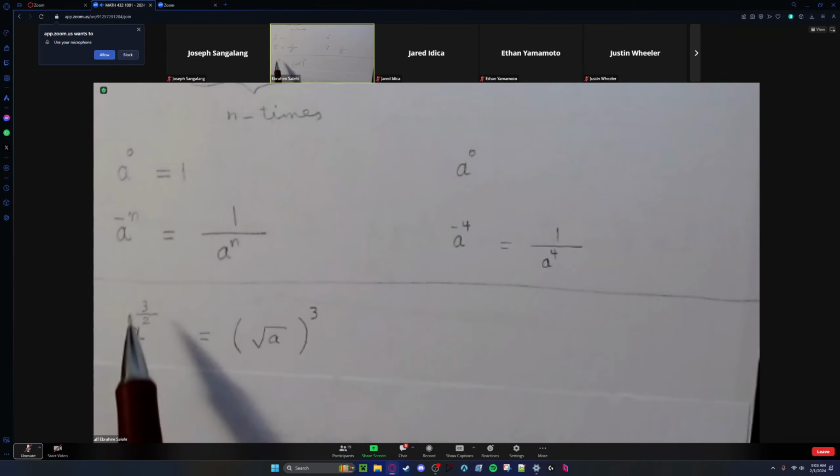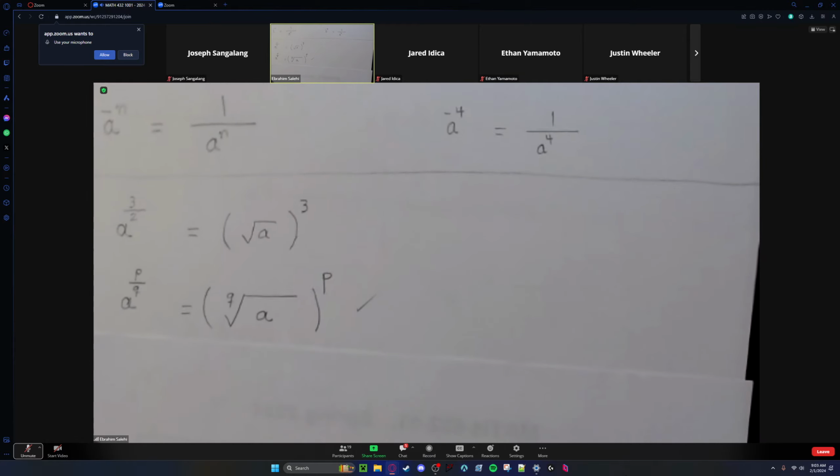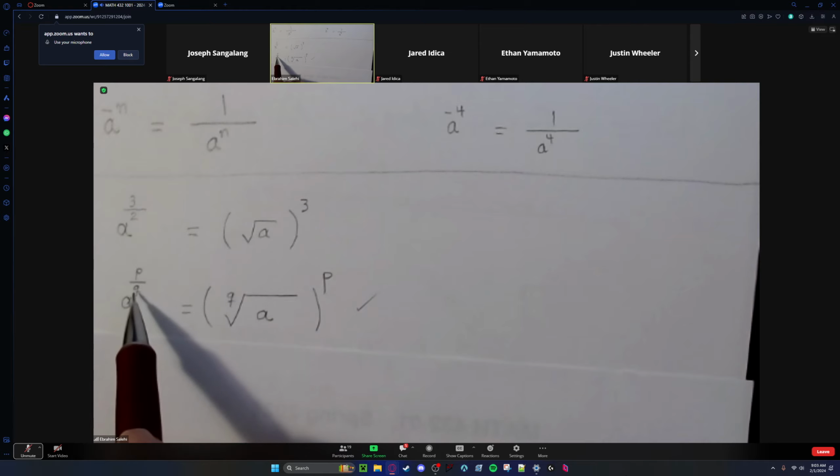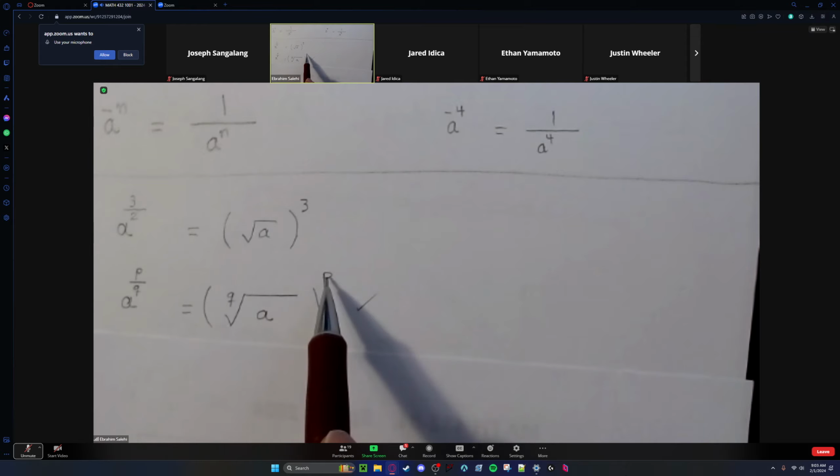The numerator will be the power. And in this fashion, we expanded the concept of powers to rational numbers, to this. So if you have p over q, it is the qth root of a to the p.